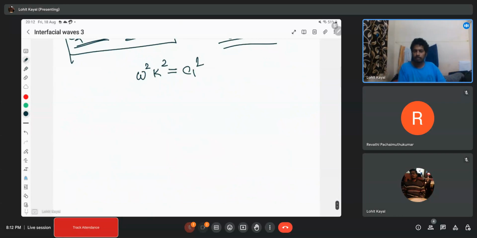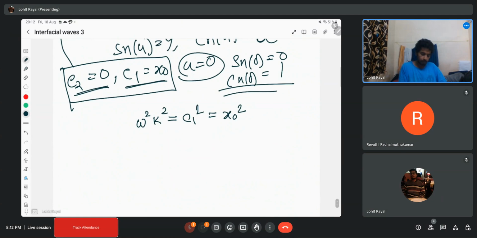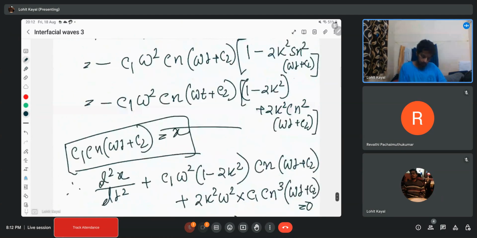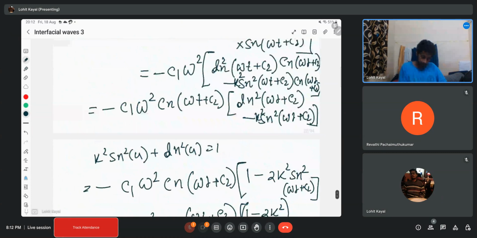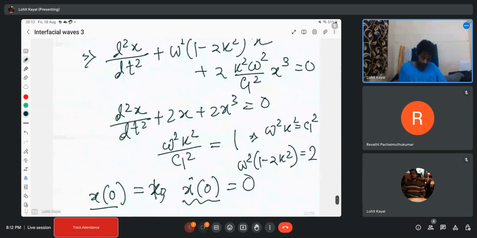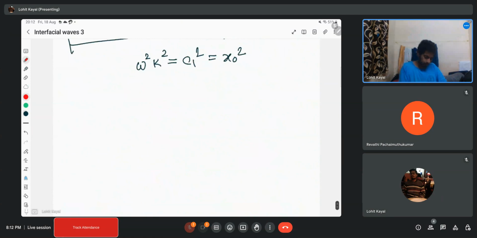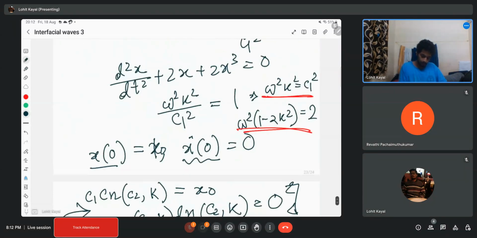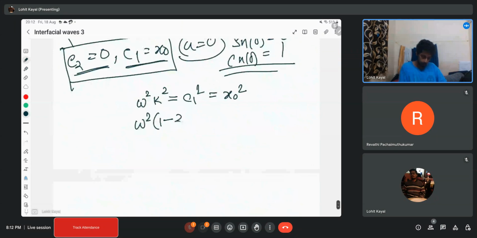And what is c1? c1 is your x0. So ω² k² equal to x naught square. And another option is this expression, that is ω² into (1 minus 2k²) equal to 2.